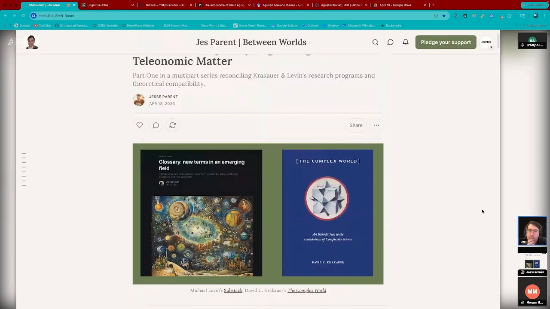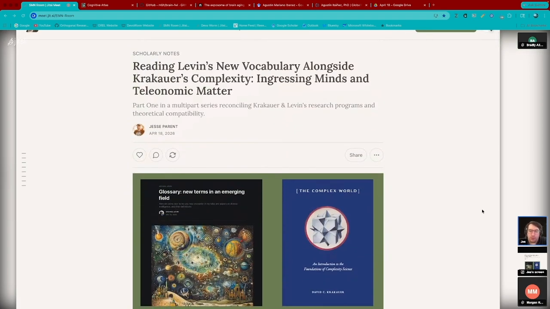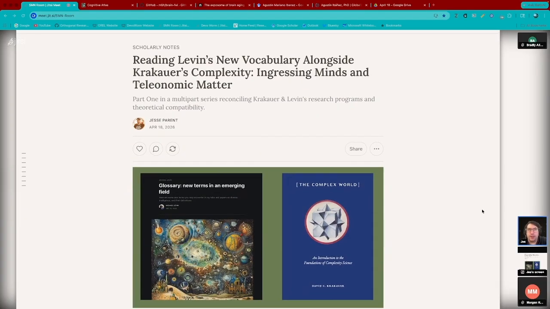We've talked about Krakauer in the complex world and his work on the papers in the past. In 2024 they released a series of foundational papers for complexity science, at least edited or arranged by Krakauer.